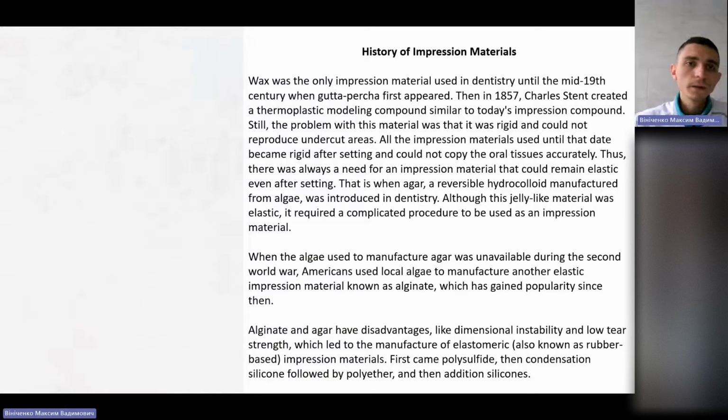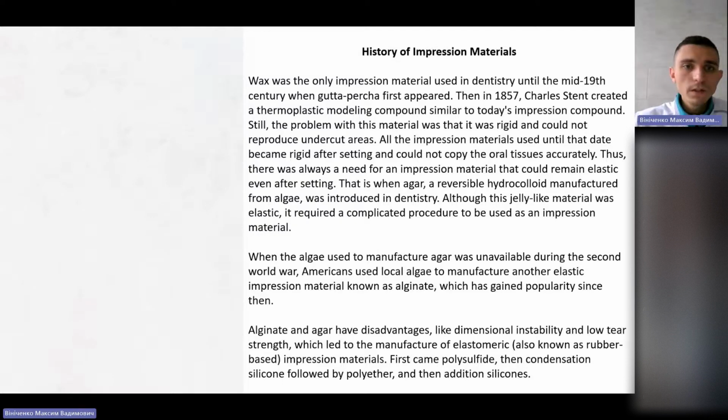Okay. History of impression materials. Wax was the only impression material used in dentistry until the mid-19th century, when gutta-percha first appeared. Then in 1857, Charles Stent created a thermoplastic modeling compound similar to today's impression compound.